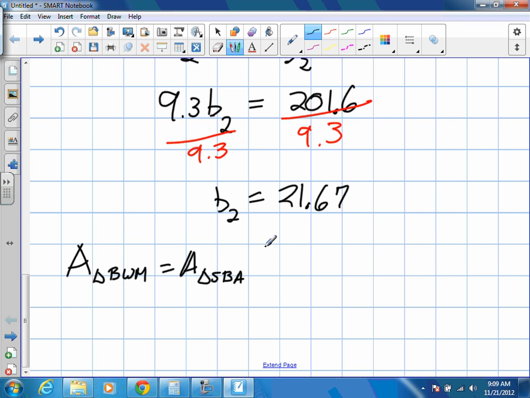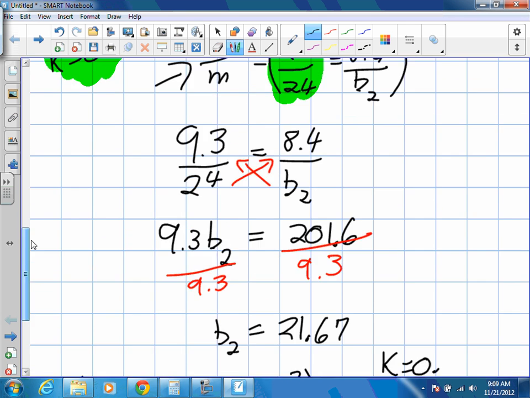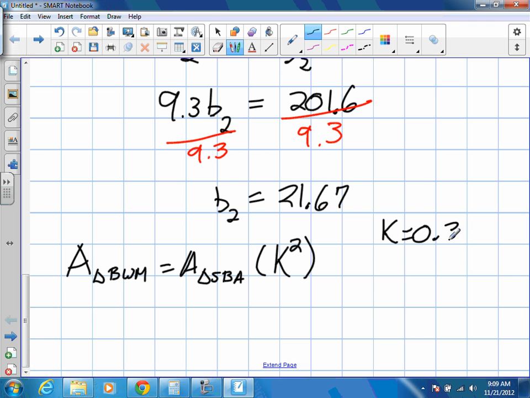Well, we know our scale factor is 0.3875.